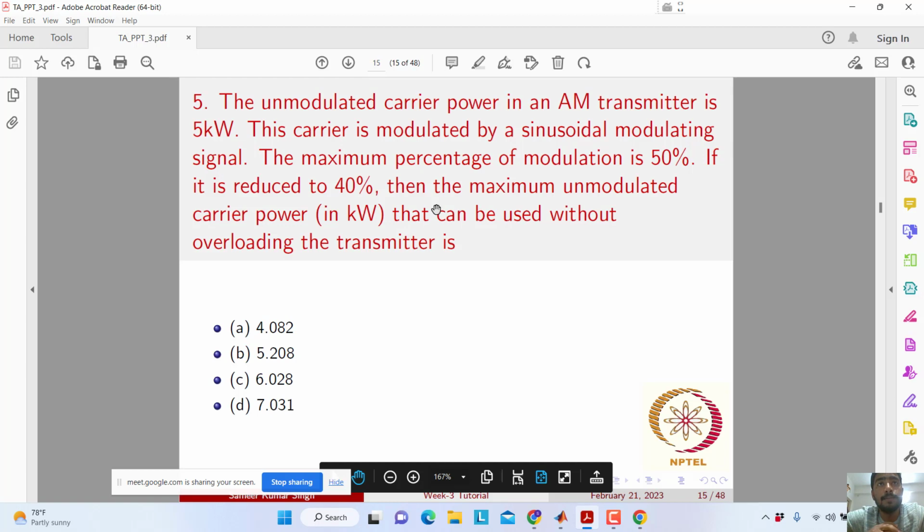So there we have to calculate the maximum unmodulated carrier power.